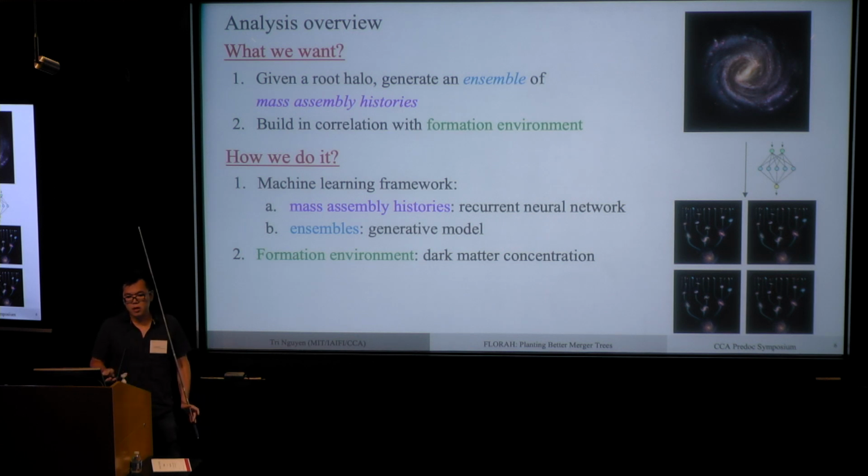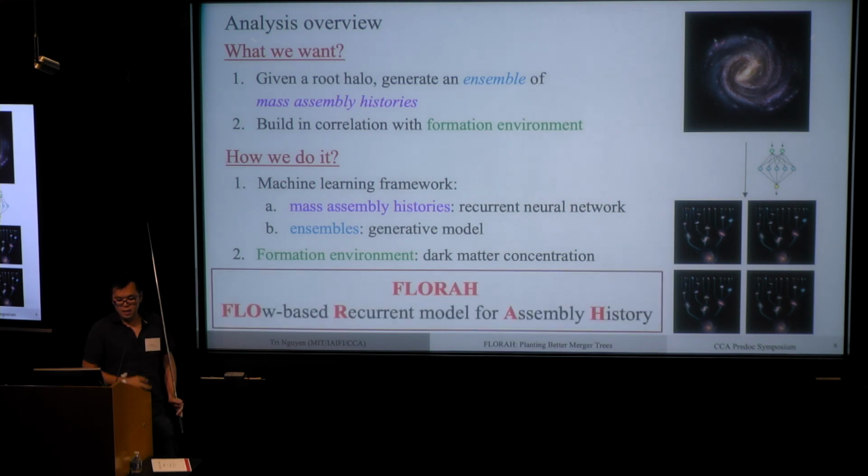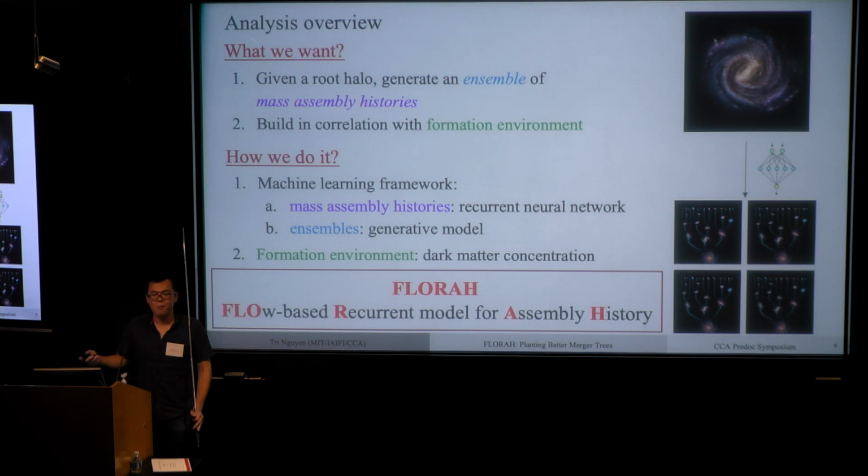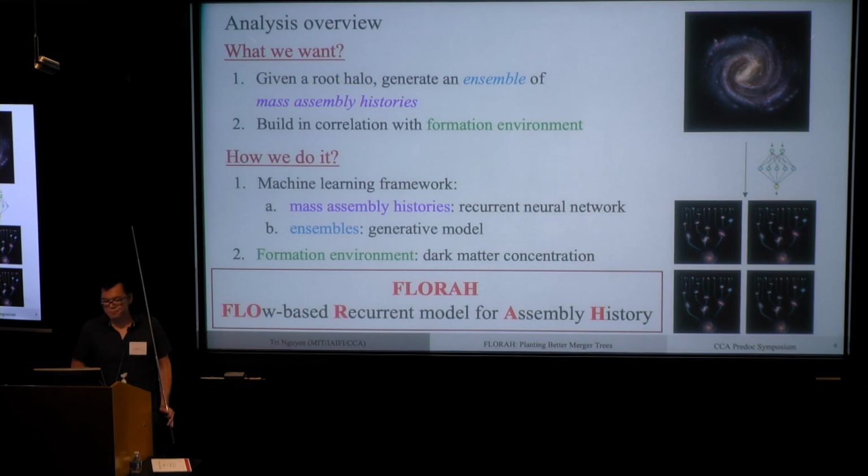And for the formation environment, because we use a neural network, we can incorporate any kind of variables into the models. In our case, I will feed in the dark matter concentration, which has been found to be related to the formation history of merger trees. So for our models, we have Flora, which stands for flow-based recurrent models for assembly history.